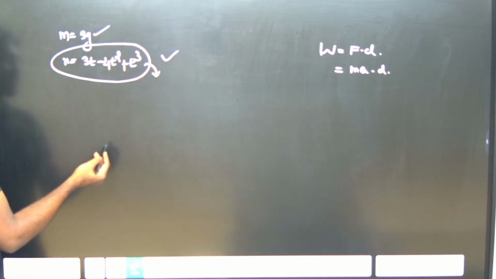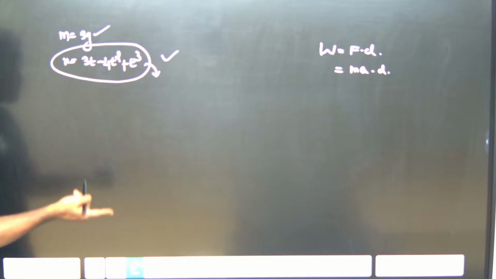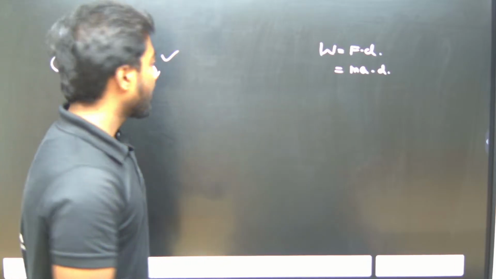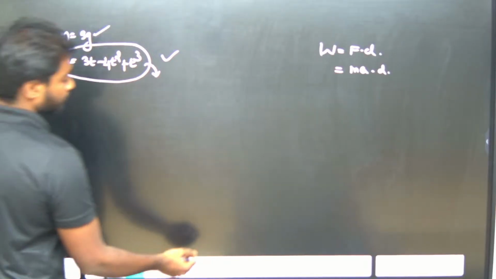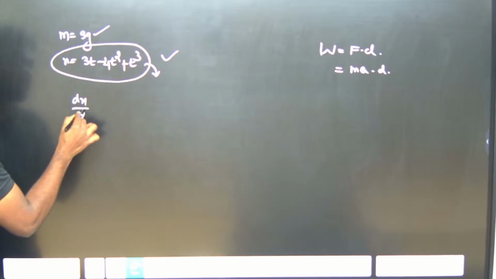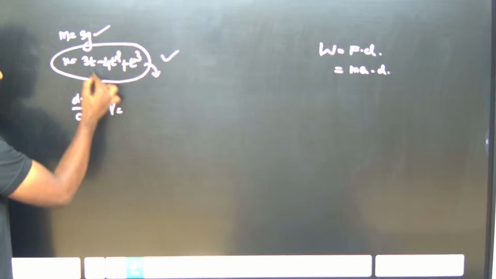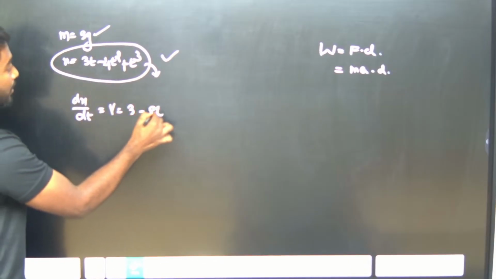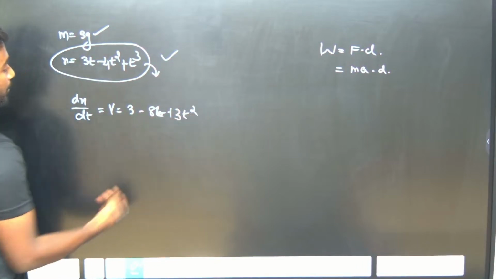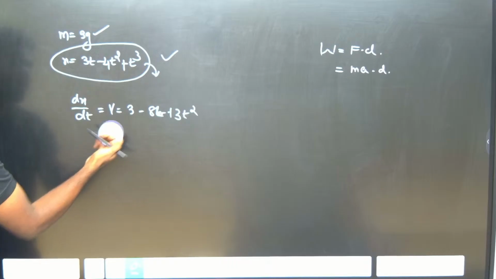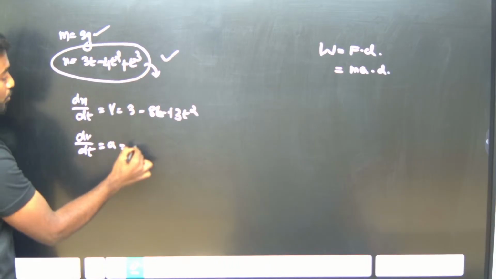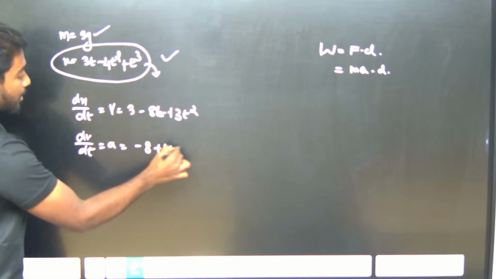If I differentiate x, I'll get velocity; differentiating that velocity again, I'll get acceleration. So dx by dt is velocity, which is 3 minus 8t plus 3t square. And dv by dt is acceleration, which is minus 8 plus 6t.